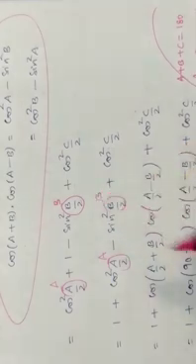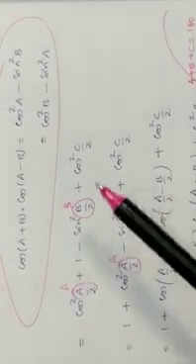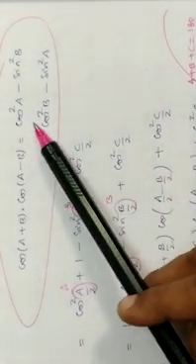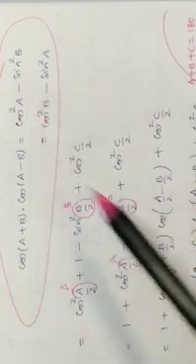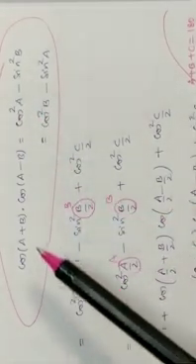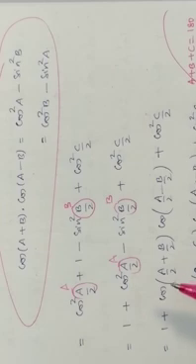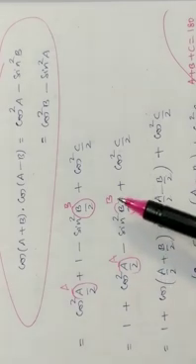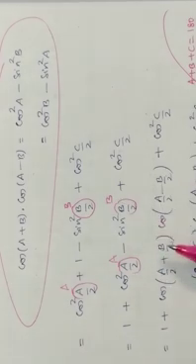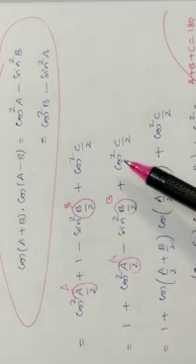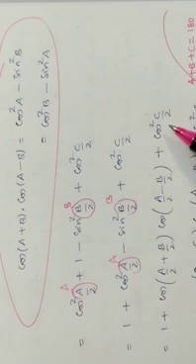Now, if you observe the formula, cos square a minus sin square b. Formula is cos a plus b into cos a minus b. So cos a means a by 2 plus b means b by 2 into cos a by 2 minus b by 2 plus cos square c by 2 as it is.